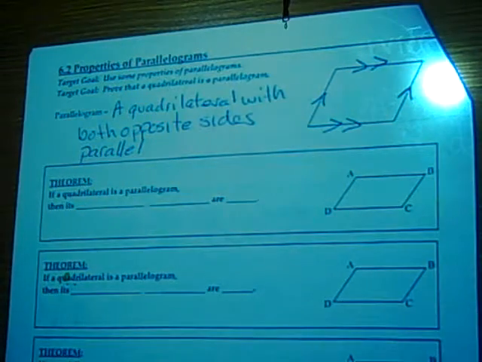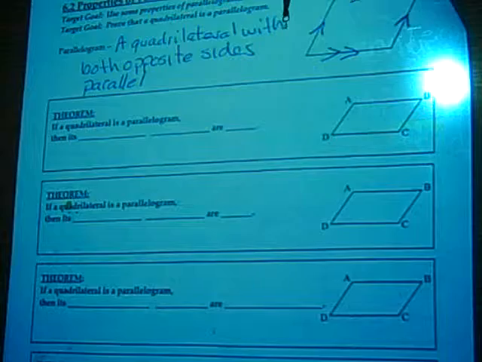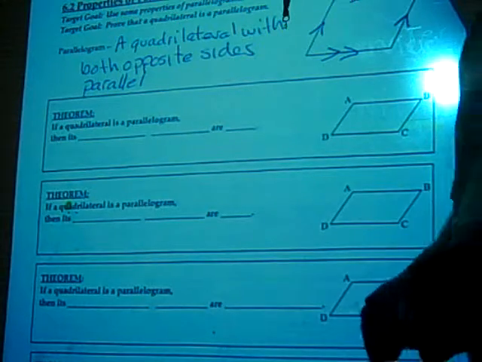Now, because something's a parallelogram, there's going to be some other things that we know about it. I'm going to slide these up a little bit as we go. So a quadrilateral is a parallelogram if its opposite sides are congruent.